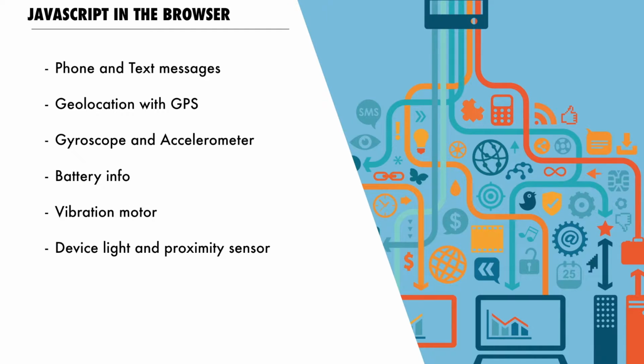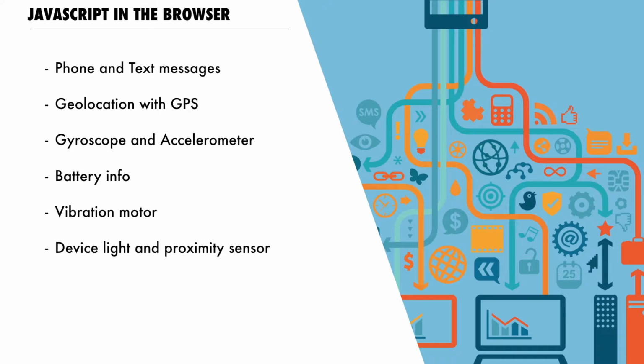These are sensors built into most mobile devices to determine the ambient light. For example, the device light can dim or brighten the screen depending on environmental light, and the proximity sensor is just a sensor to tell that something is close to the device.